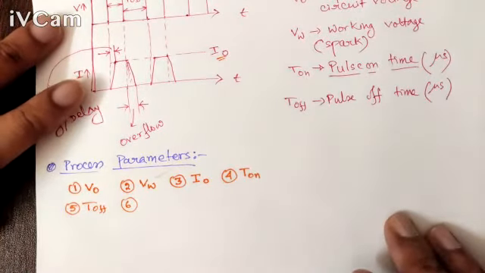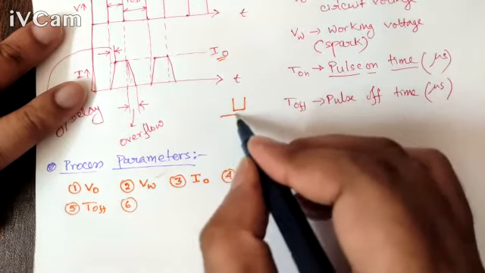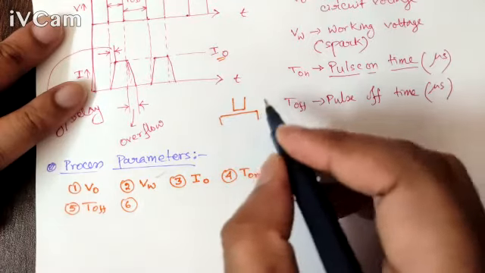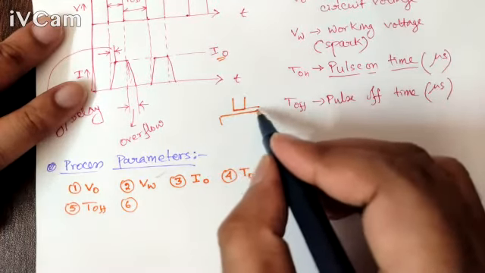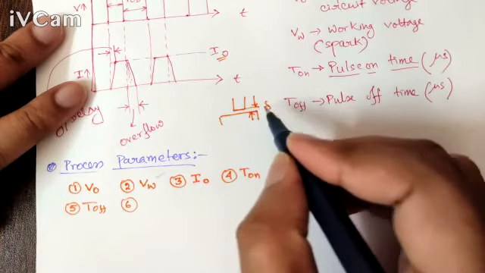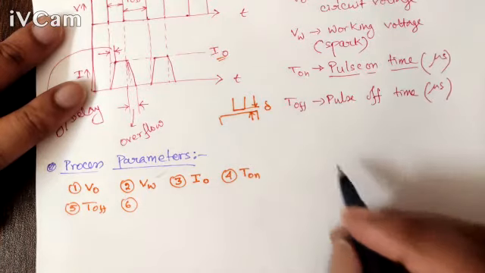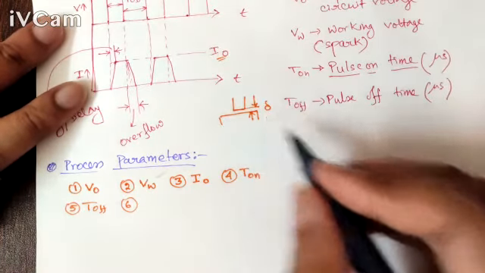One more thing, say the tool is here and we have got the workpiece over here. So the inter-electrode gap can be represented by delta. It can also be known as spark gap.